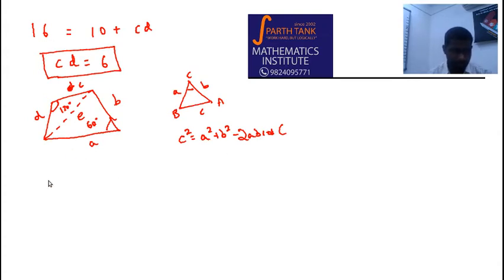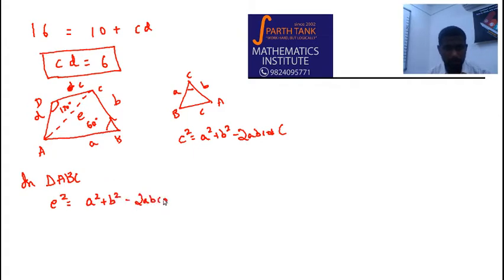So the same way, in triangle ABC, E square can be written as a square plus b square minus 2ab cos 60, right?